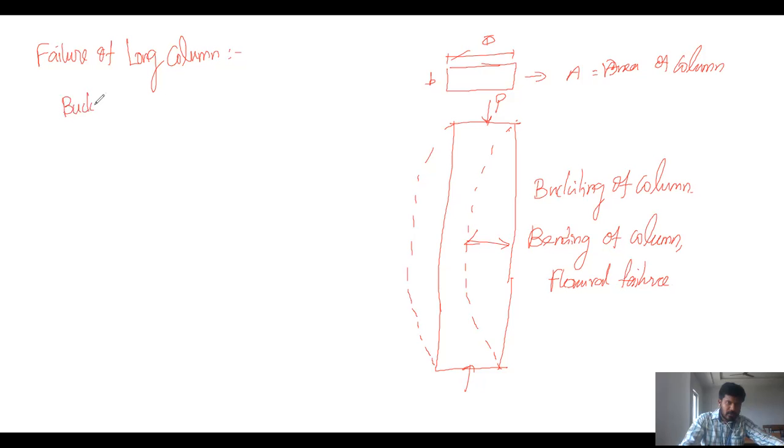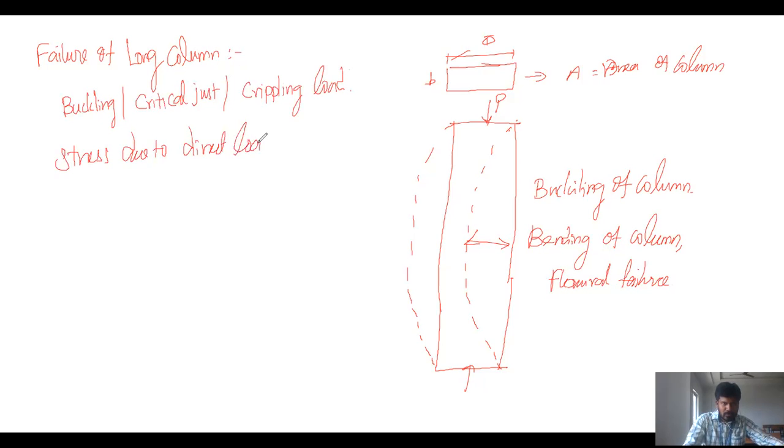So the stress due to direct load, sigma is equal to P by A. Whereas bending stress, sigma B. So we know the formula, that is M by I is equal to sigma by Y.